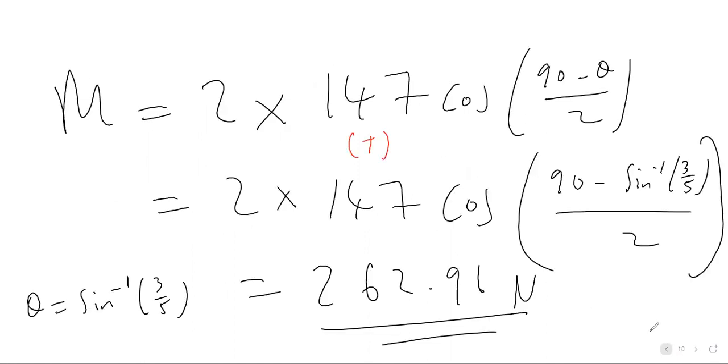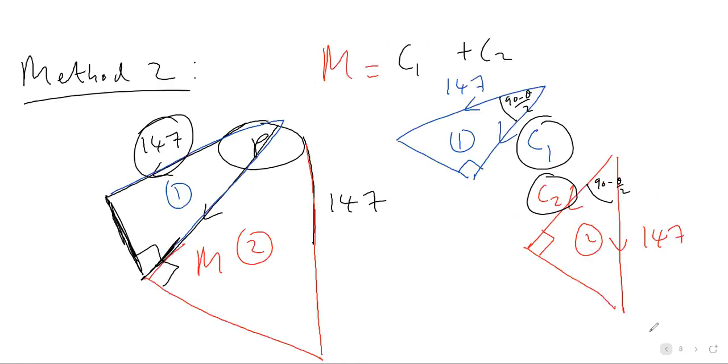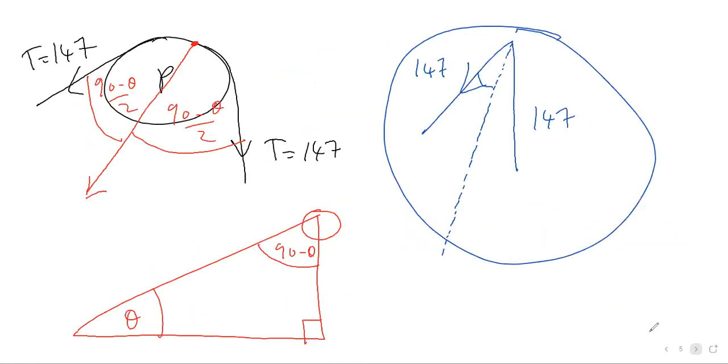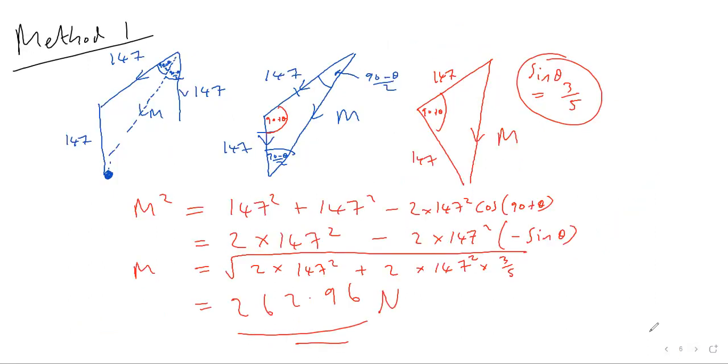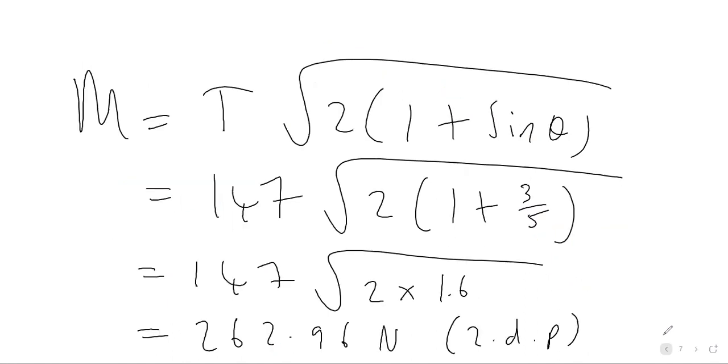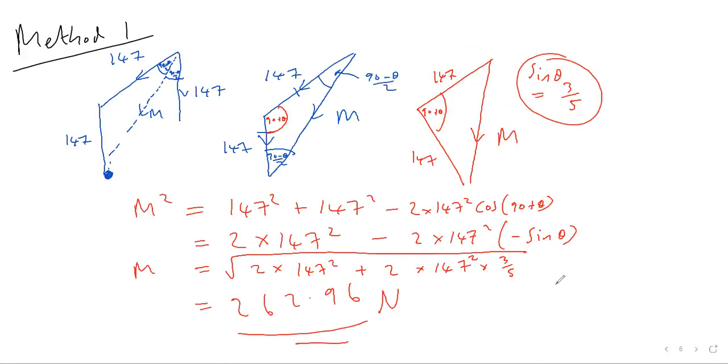But if you were doing an exam question, make sure you do either method number 2 or method number 1, where you guide the examiner through the process of how you're getting the answer. It's probably easier just to use method 2, where you take components. But I personally find method 1 easier to understand where the magnitudes come from.